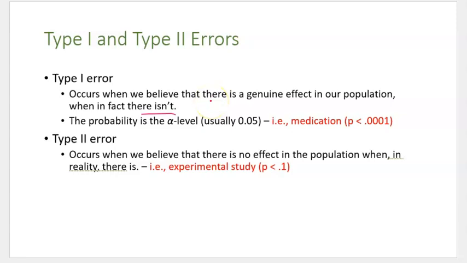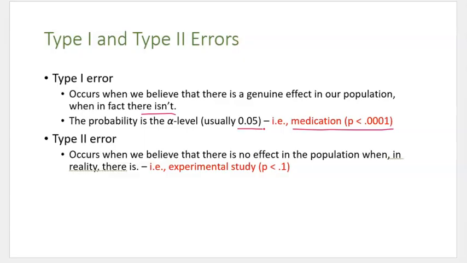So to avoid this kind of error, especially in the medication sector, they set the p-value very, very small: p is less than 0.0001 instead of 0.05. That is the conventional p-value.